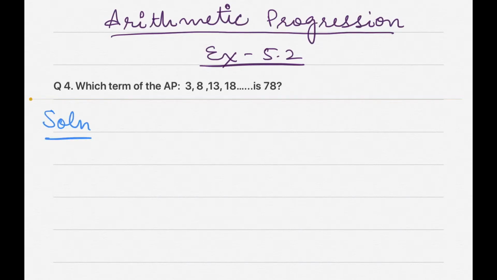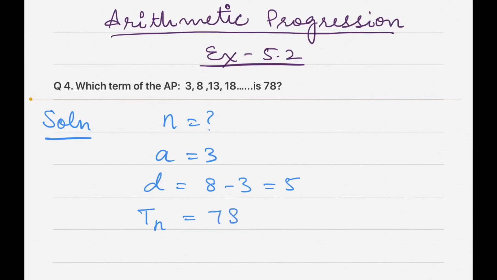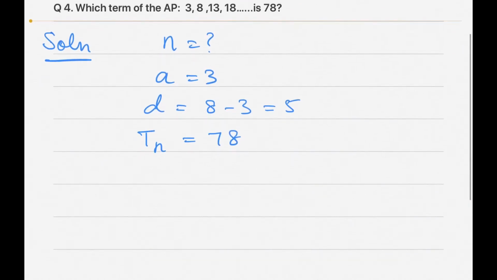If I say which term, they are asking n. Now from my AP I know that A is equal to 3 and D will be equal to 8 minus 3, so 5, and TN is equal to 78. So let's substitute the value.